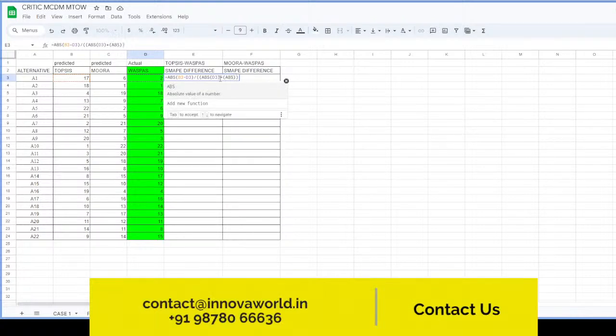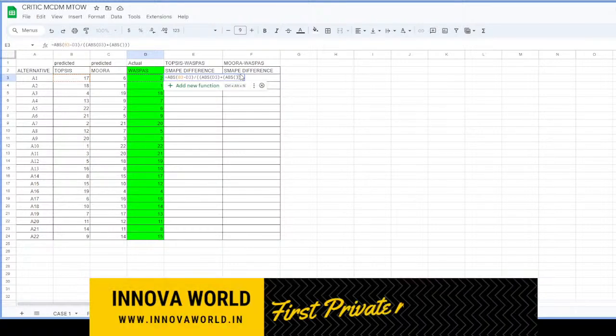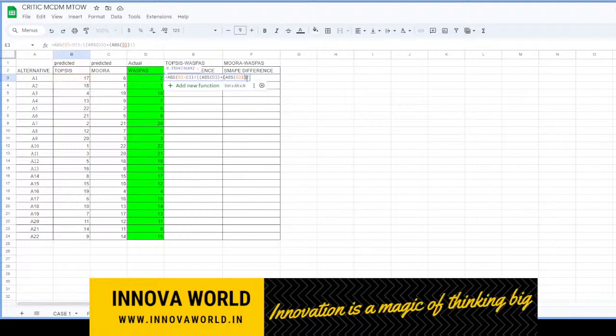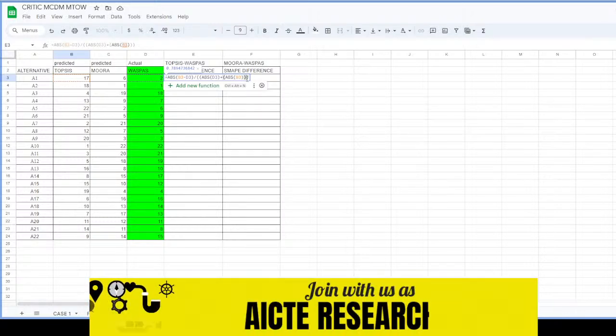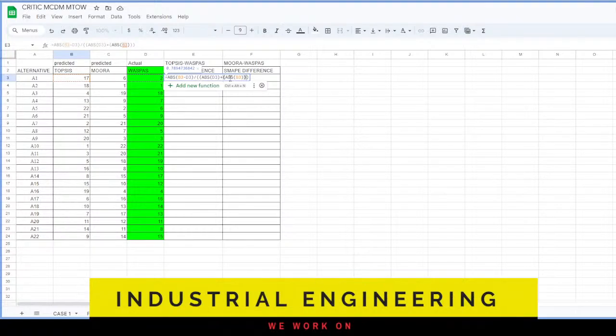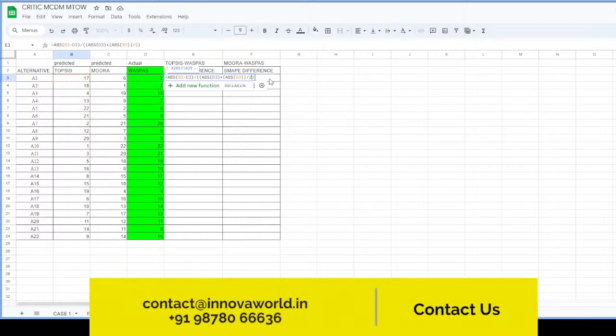You can also use the same to avoid error with this one and this one, divided by 2. Can you see this?